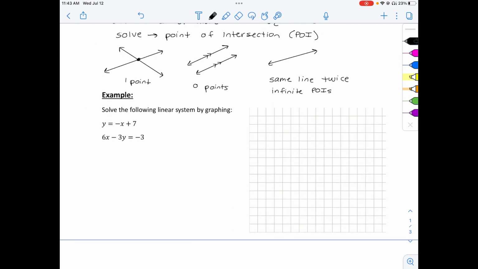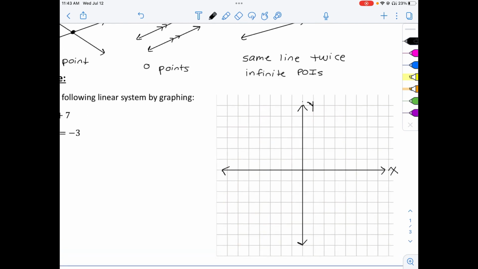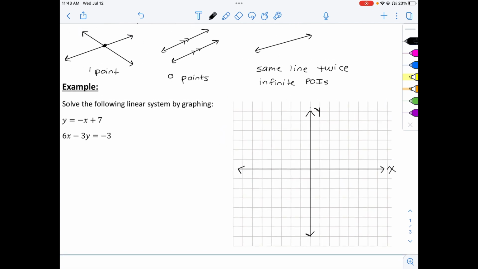So the first thing I'm going to do is on my grid here, I'm just going to draw my axes. If I'm asking you to do this on a test or anything, I will give you the grid and then you can draw on it just so that everything is a little bit more exact. Okay, so this is my y-axis, this is my x-axis, and I'm going to show what I'm going up by here.